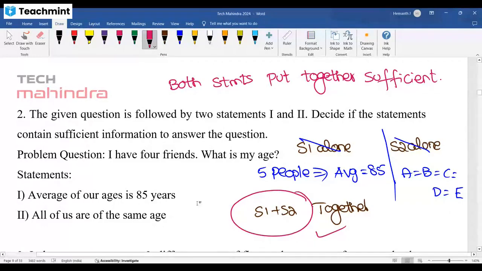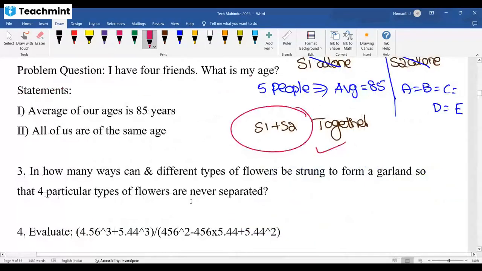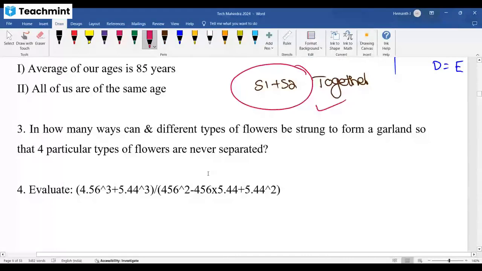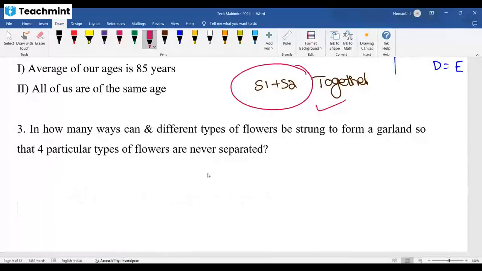Right. Next one. This is related to quant. Quant related question: in how many ways can... Some of your friends shared this, and there may be some typo errors. Leave that. To form a garland, four particular types of flowers are never separated.